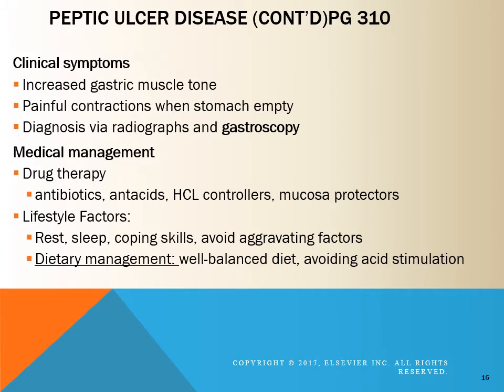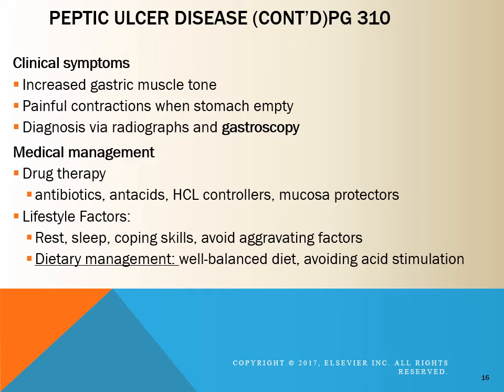More on peptic ulcer disease here. Clinical symptoms: increased gastric muscle tone and painful contractions when the stomach is empty, and the way that we diagnose this is through a gastroscopy. Or we could do imaging, but the gastroscopy is what we see mostly. Patients can manage some of these symptoms through rest, relaxation, and sleep.